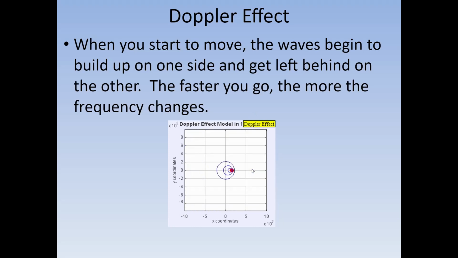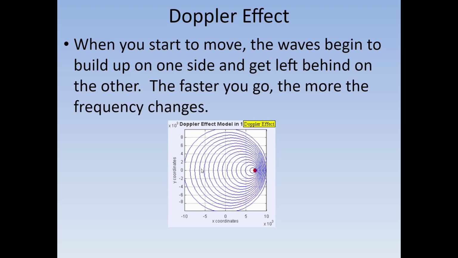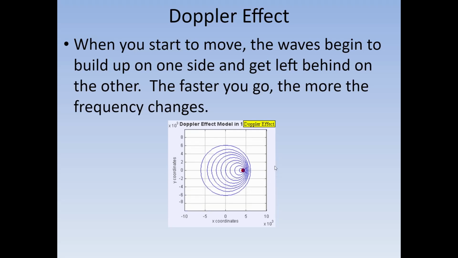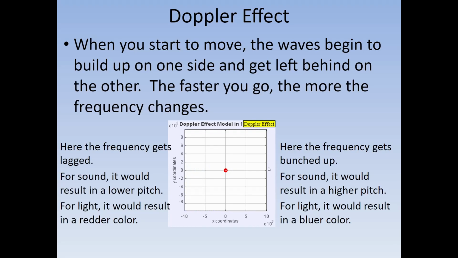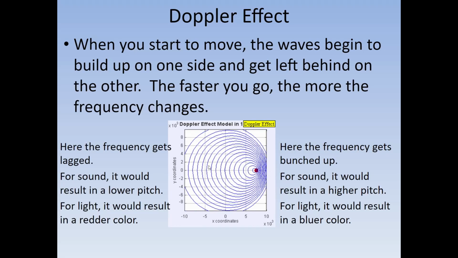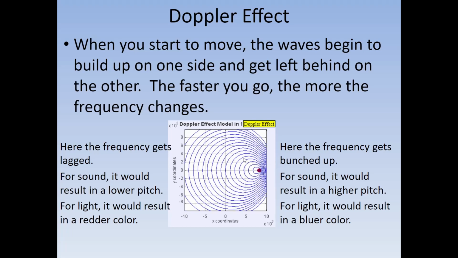So the waves get bunched up in front of it, and then the waves also start to lag behind it. So the wavelength decreases over here and increases over here. So what we end up getting is a higher frequency as it moves towards us and a lower frequency as it moves away from us. For sound, this just means that it sounds higher pitch coming towards us and lower pitch as it moves away.